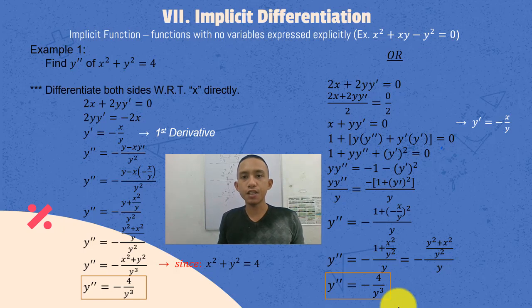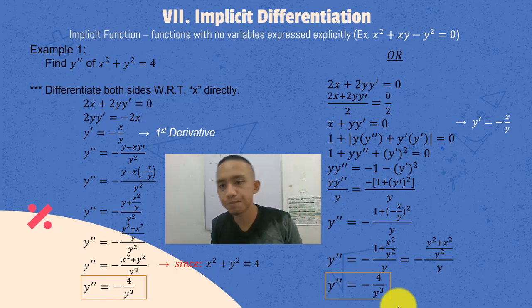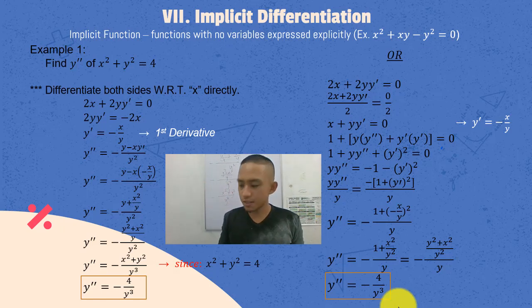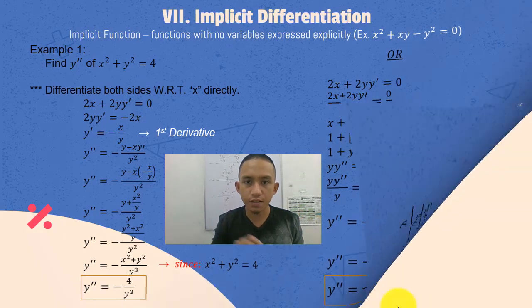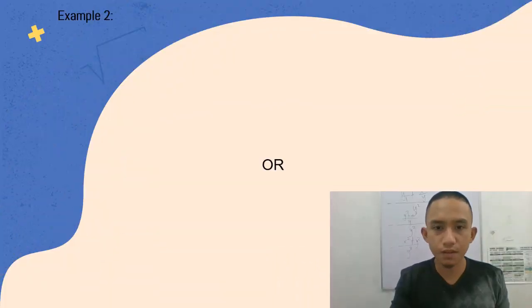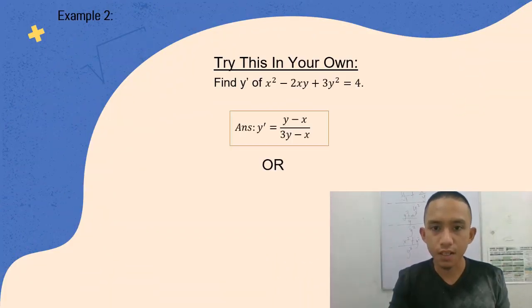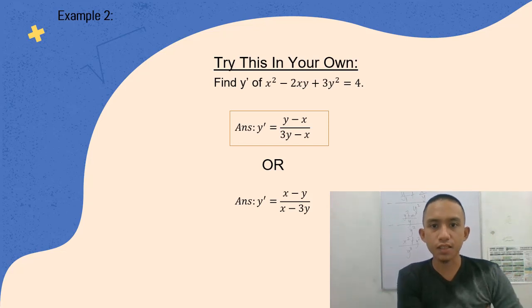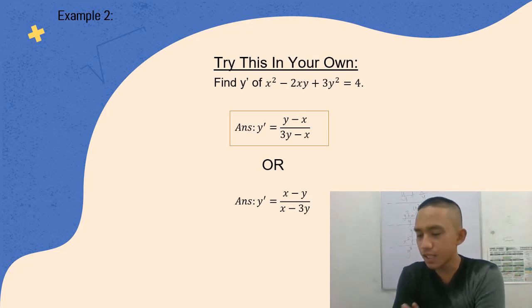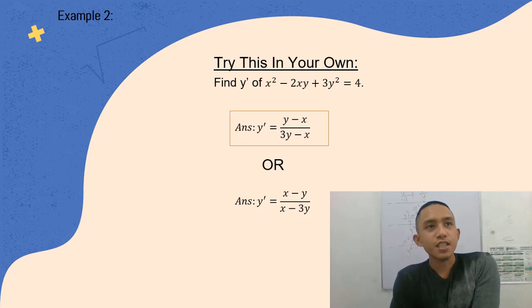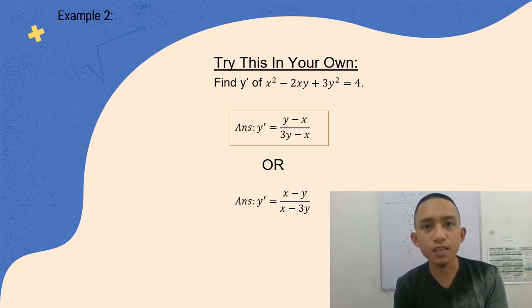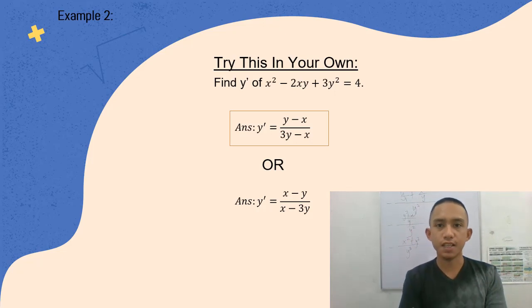Implicit differentiation. So please practice again. And by the way, we have a try-this-on-your-own activity. Again, please do it. Your exam will be starting on the 16th, which is next week, Wednesday.